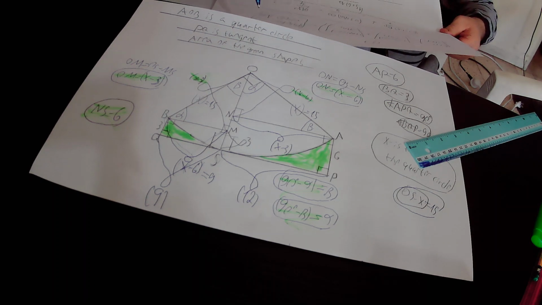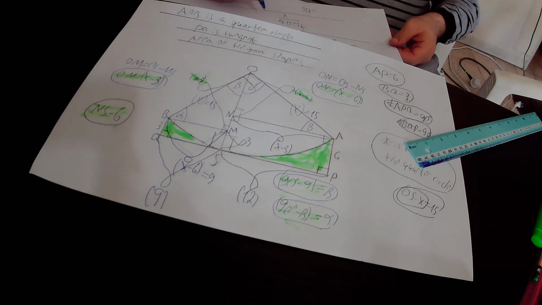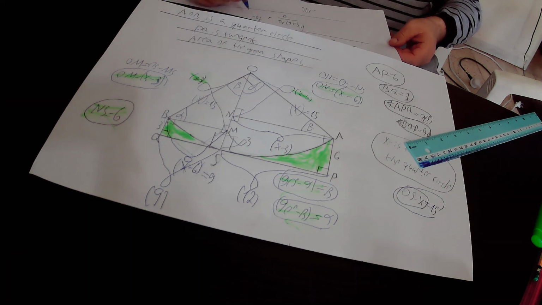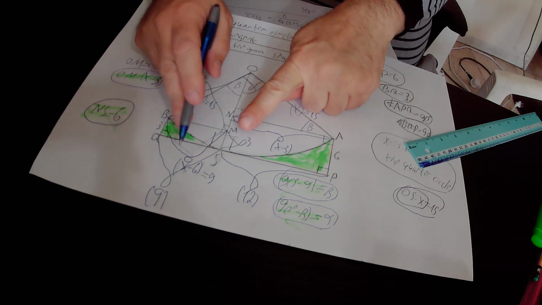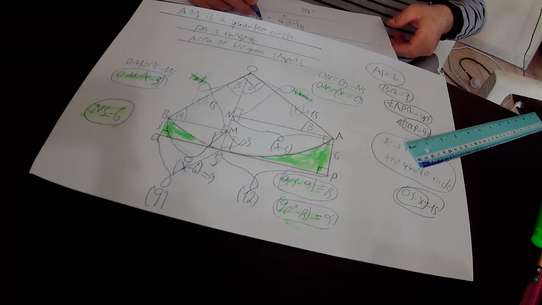The area of trapezoid OSQB equals OS, that is 15, plus BQ, that is 3, times OS, that is 9, divided by 2. Repeat again.